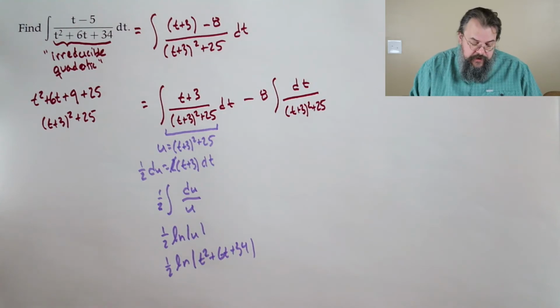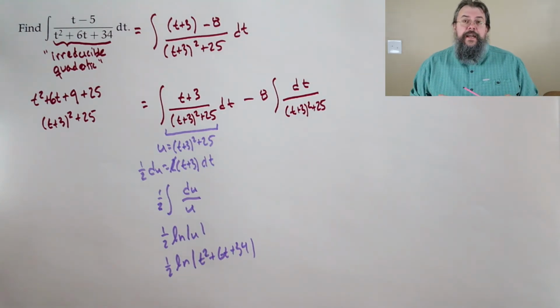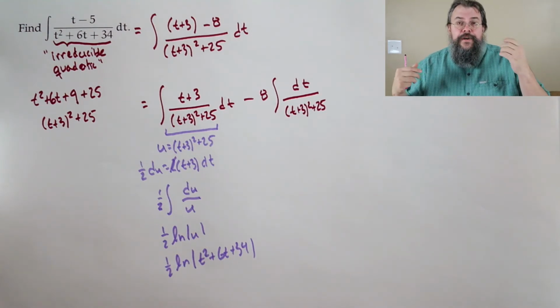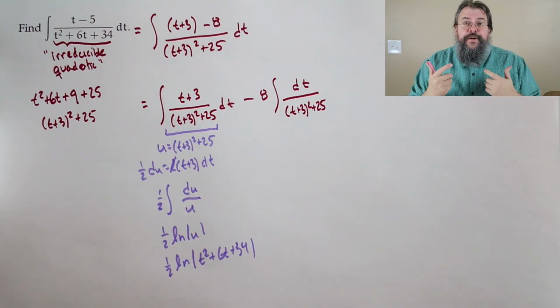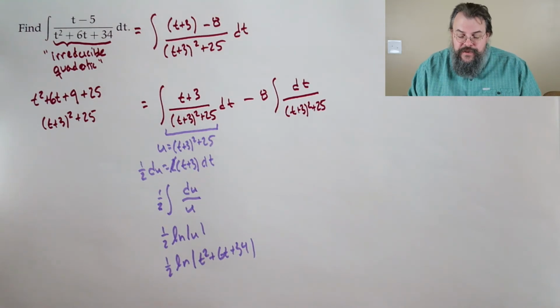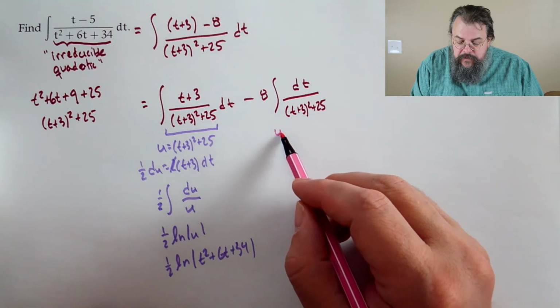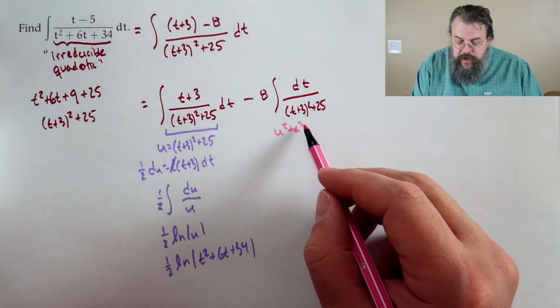The second integral we're going to do in a slightly different way. If you look at it, it looks a lot like 1 over variable squared plus number. What does it feel like? It feels like arctangent. So we say, okay, we see variable squared plus number squared.